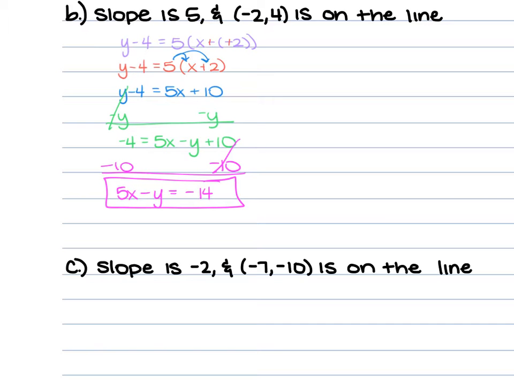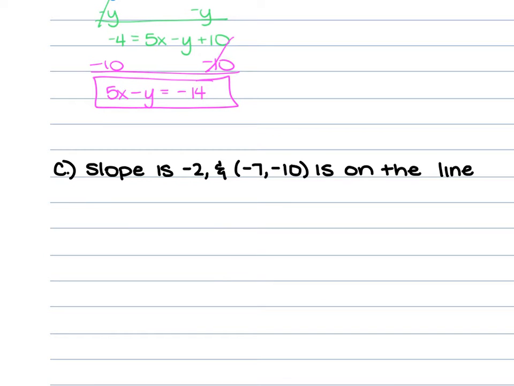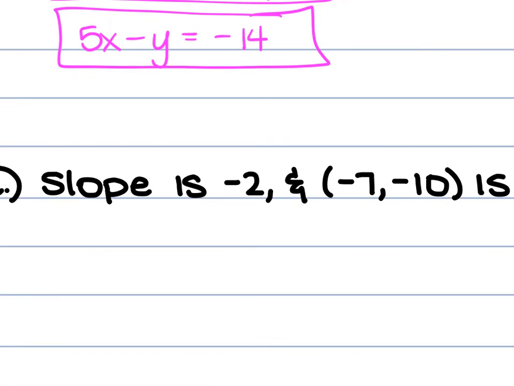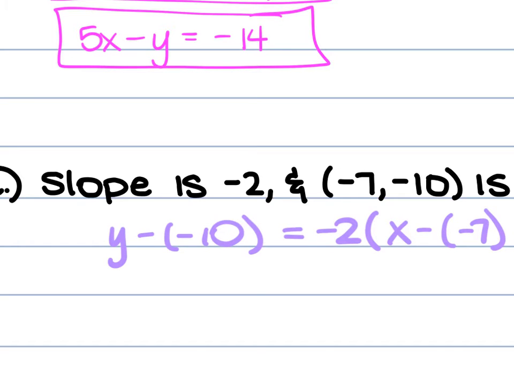For C, we have a slope of negative 2 and a point that's negative 7, negative 10. So this is going to give us y minus negative 10 is equal to negative 2 times x minus negative 7.